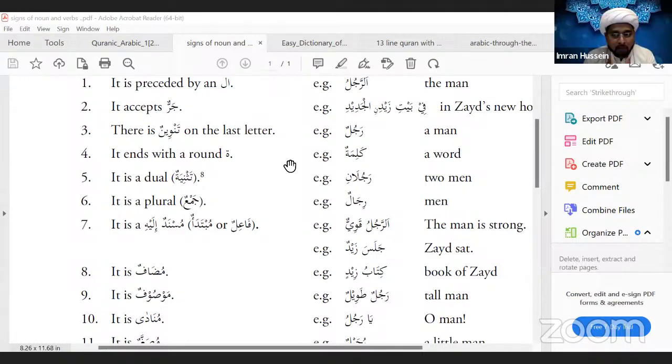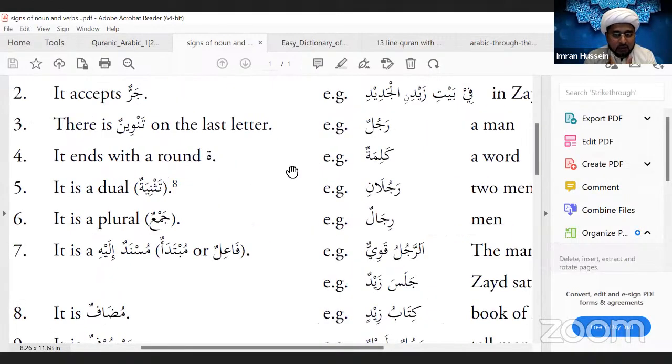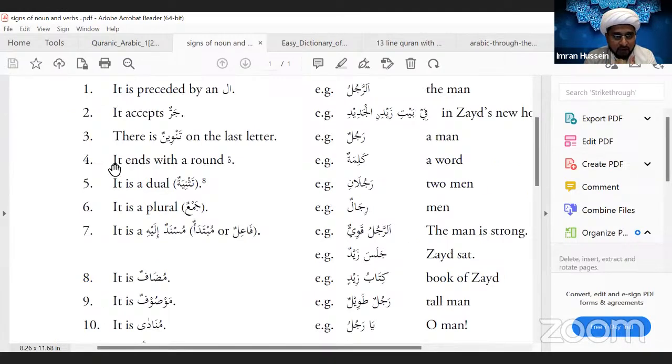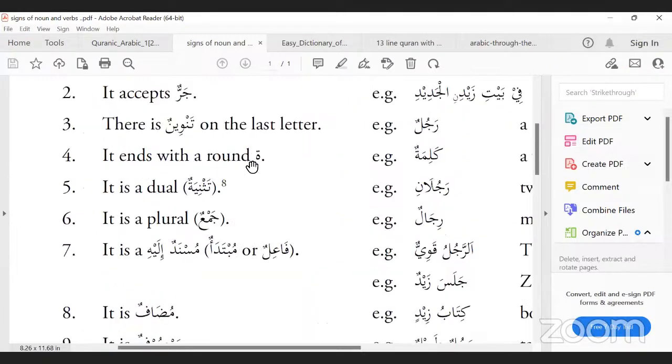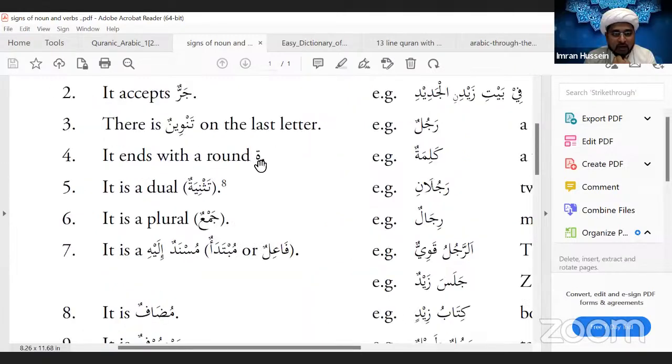So, sister, the next point, number 4: whenever you see this, Bismillah, read. It ends with the sound "ah," the letter ta. This is called a round ta; in Arabic, we call it ta marbuta. Ta marbuta means round.